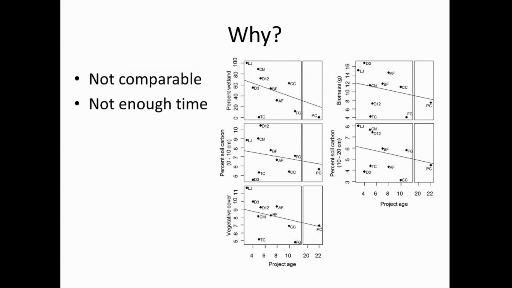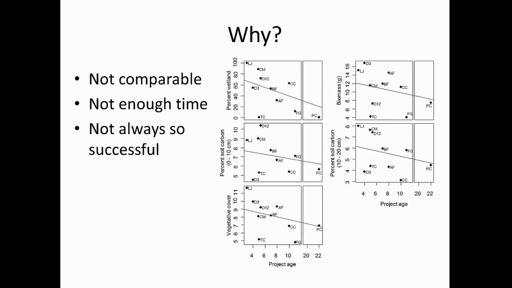The second is not enough time. Certainly with soil carbon, you would think it would take years for the soil to build up carbon. Productivity and the others would be quicker. But we took the 10 projects and put the project age on the x-axis, and our measured variables on the y-axis.